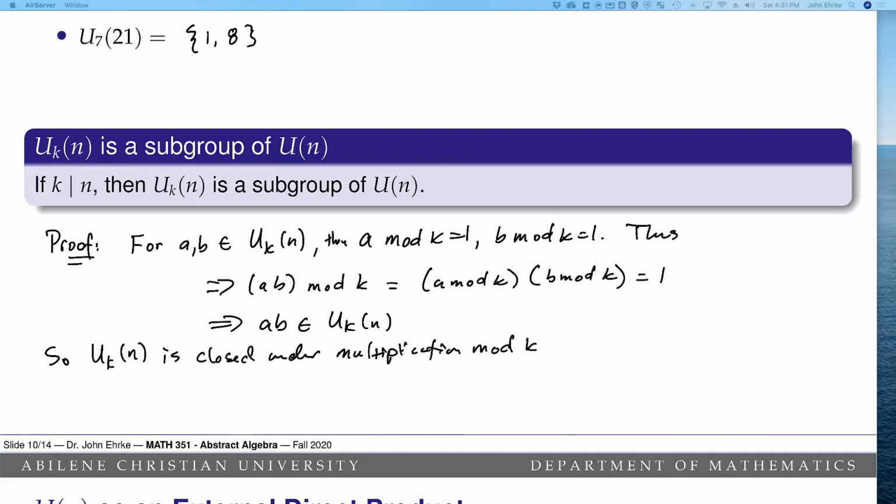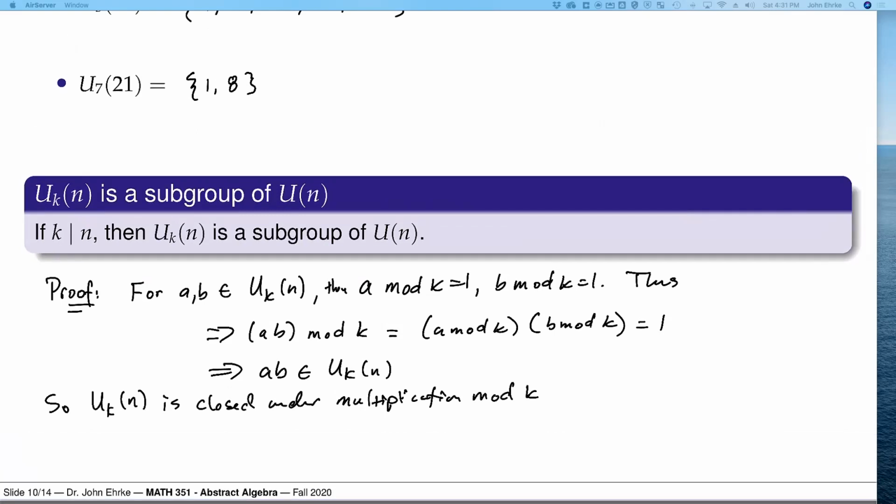mod k. And I should mention here, U sub k is a subgroup of U sub n. The operation here is no longer multiplication mod n, it's multiplication mod k. So it doesn't inherit the mod n operation of U sub n, it inherits the mod k operation because you're looking at things as mod k equivalents in this group. So U sub k of n is closed under multiplication mod k.